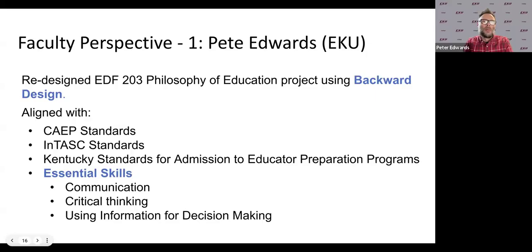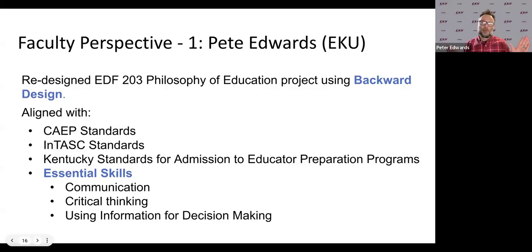And I really approached this from a backwards design thinking because we needed to know what students could do. And so part of that, we had to first align with CAPE standards. We had to align with INTASC standards. And one of the really important things for us is Kentucky standards for admission to the teacher education program.